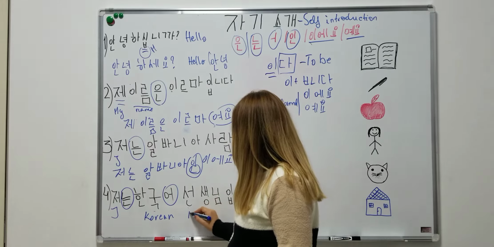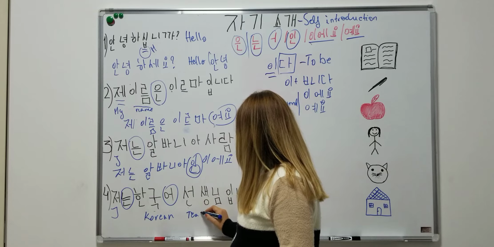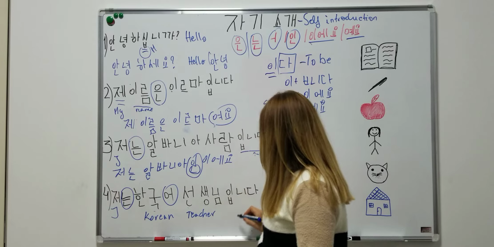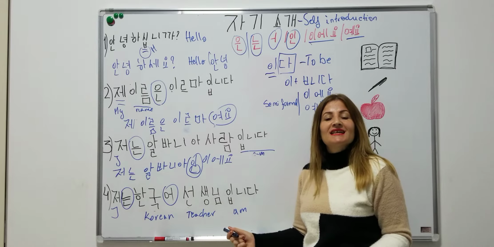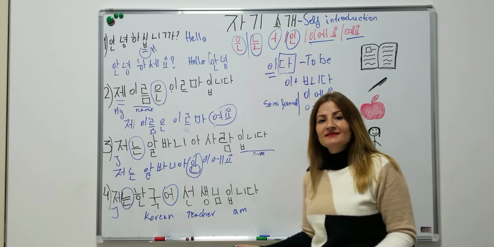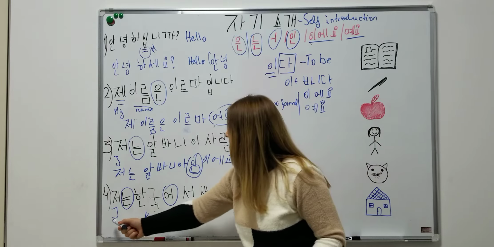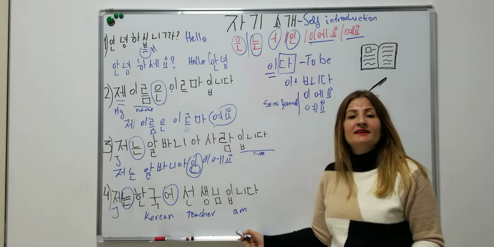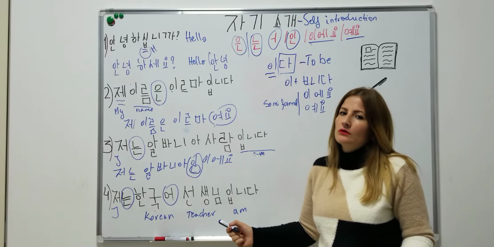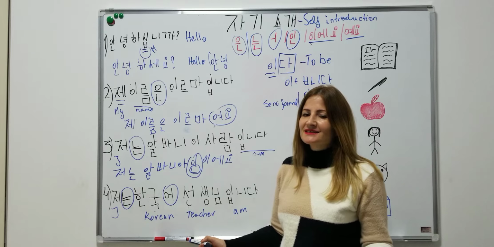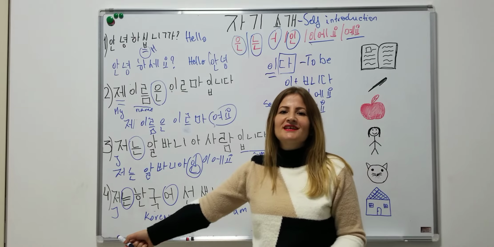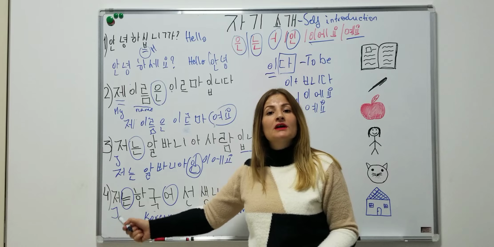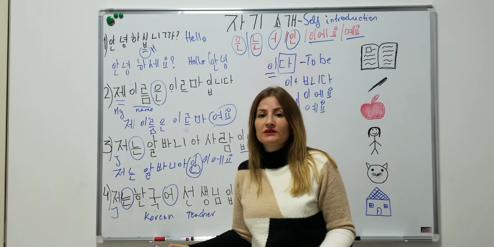I, Korean, teacher, am, because the verb, as you notice, is at the end of the sentence. So, I, Korean teacher, am. You know that it doesn't make so much sense because in English the verb is after the subject. So, I am Korean teacher.